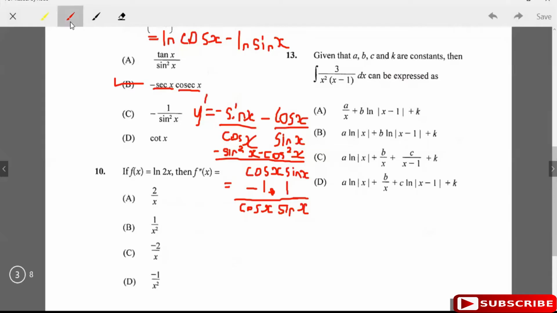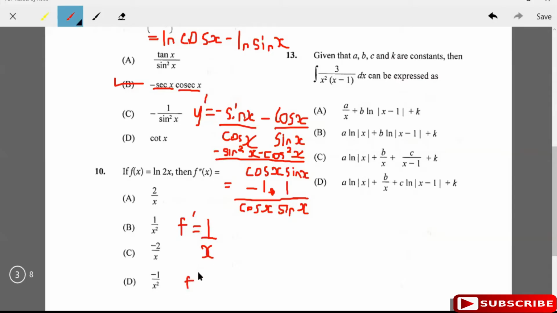All right. Question 10. f of x is ln 2x, then f double prime of x. Well, f of x is ln 2x, and so f prime is equal to, we differentiate ln 2x to get 1 over x, because it's going to be 2 over 2x, which is 1 over x.